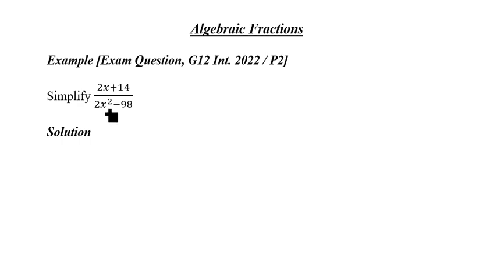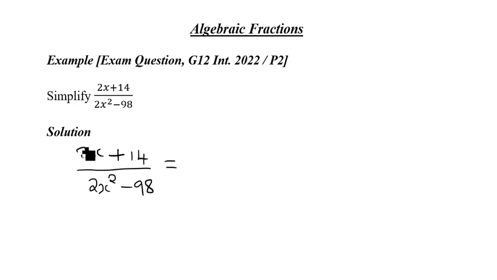So we have this question: 2x plus 14 over 2x squared minus 98. Now let's start with the numerator.